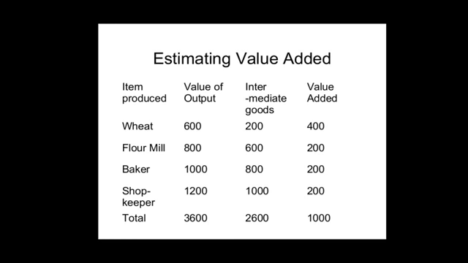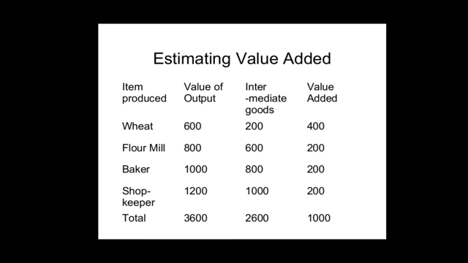customer. In this table, it is assumed that the production of wheat involves the cost of intermediate consumption of rupees 200, such as the cost of seeds, the cost of fertilizers, etc. Accordingly, value added by the farmer is equal to the value of wheat, which is rupees 600, minus the value of intermediate consumption, that is the value of seeds or fertilizers, which is rupees 200.